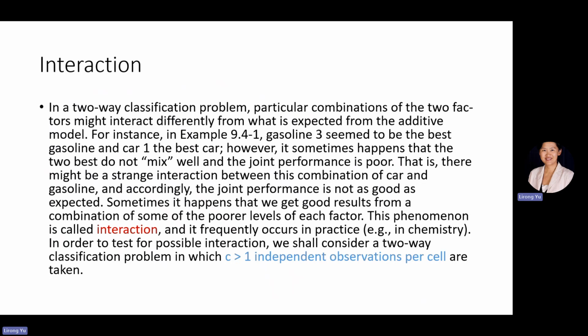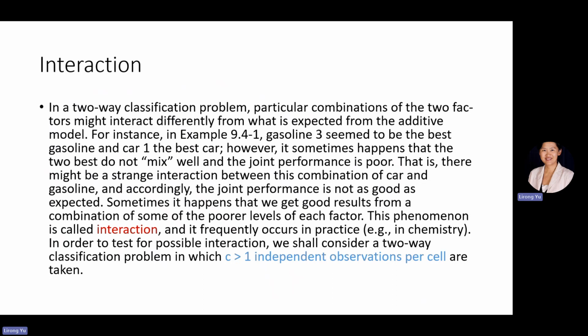Sometimes the relation might be surprising. Sometimes you find one car has a lower performance compared to the other cars, but when you combine it with one particular type of gasoline, somehow it lasts longer and performs better. You cannot see that unless you combine those effects.